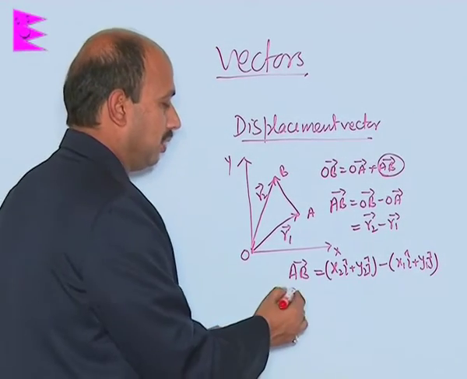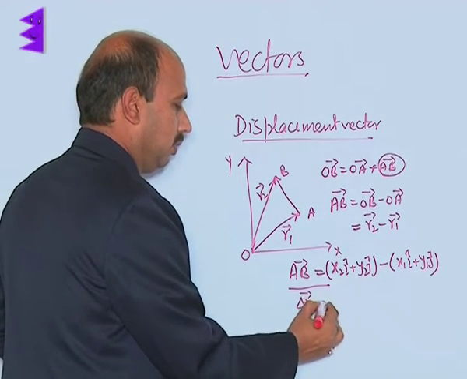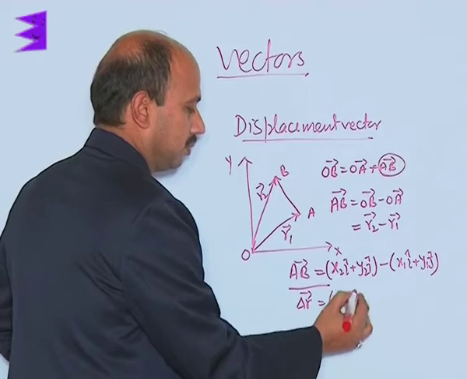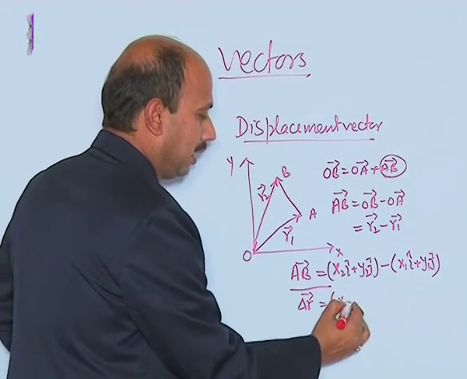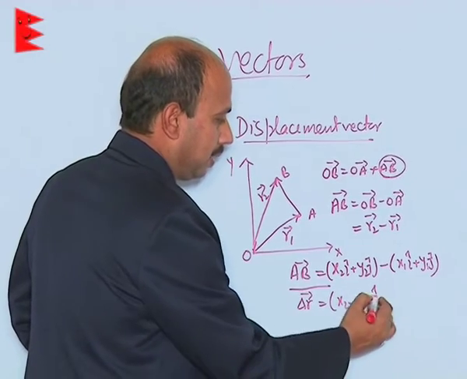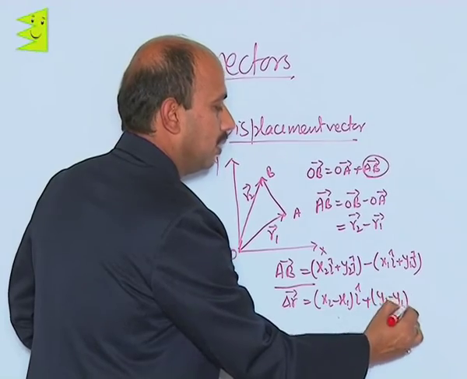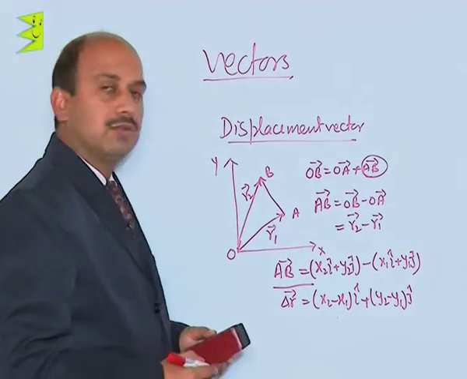So, this is known as the displacement vector. We can also write delta r, which is x2 minus x1 i cap plus y2 minus y1 j cap. This is known as this.